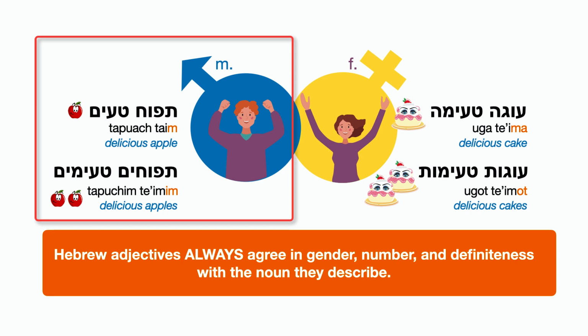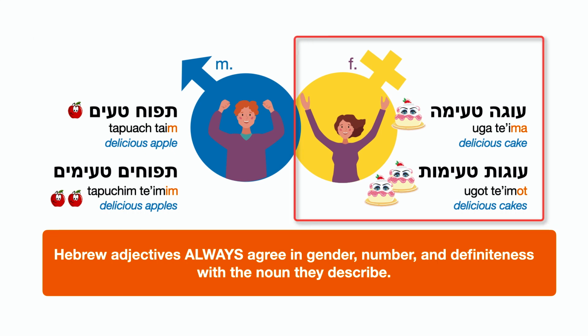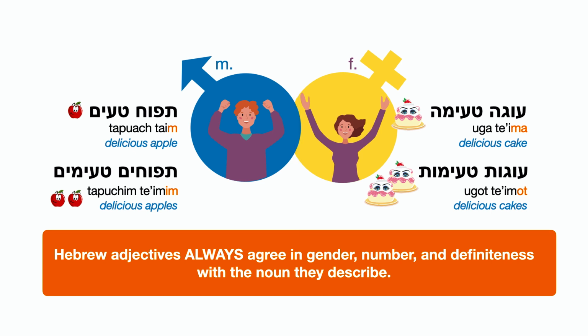On the feminine side, if we want to say delicious cakes, ugot te'imot. So te'imot is the feminine plural form of the adjective delicious. We're going to look at this principle in more detail later on.